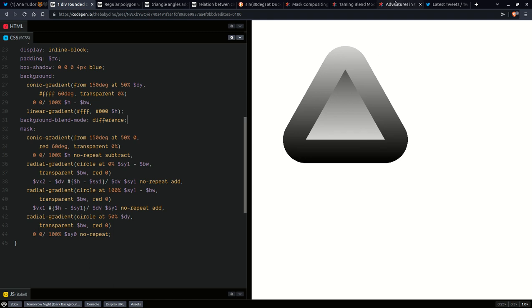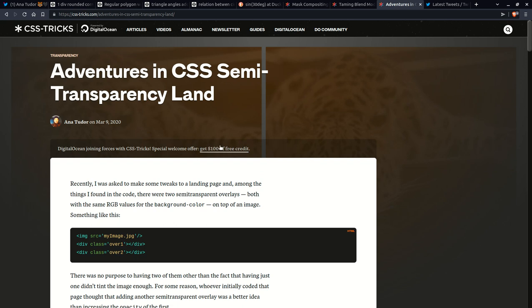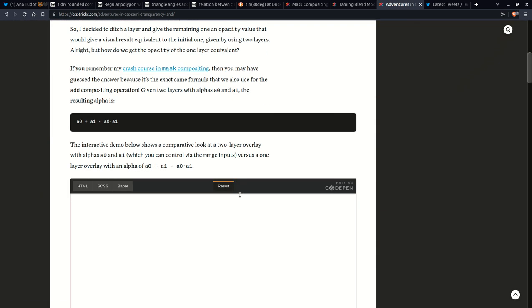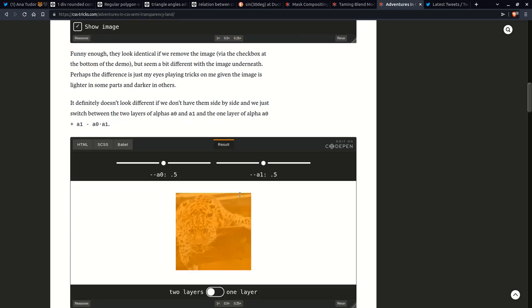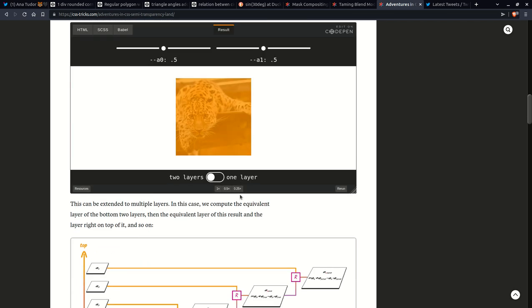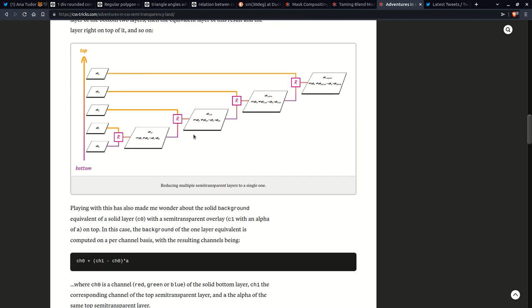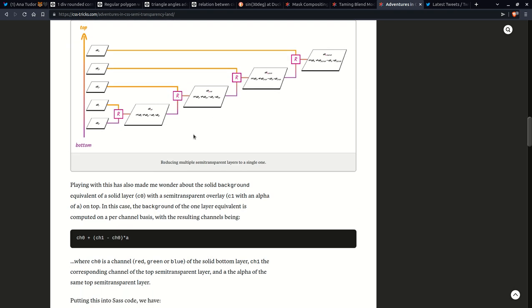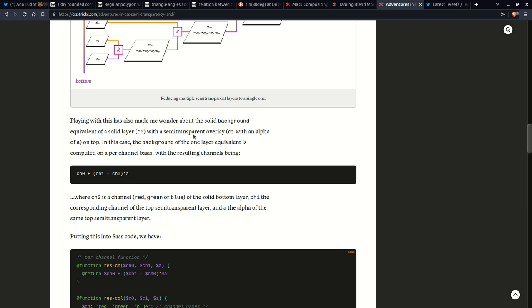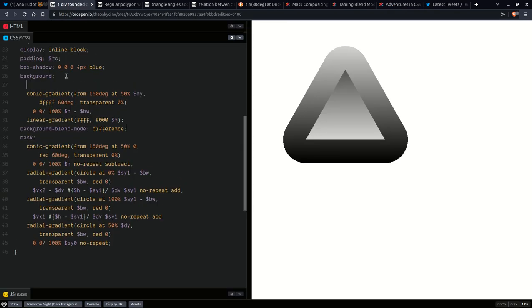Again, this is something that I discussed in detail, and if you want a certain resulting color, in this article you're going to find the formulas that let you get the desired alpha, so that you get the resulting color that you want. So these are basically adventures in CSS semi-transparency land. What is the result that you get when you add a semi-transparent layer on top? So yeah, check it out. But in our case, we're going to go with something pretty simple.